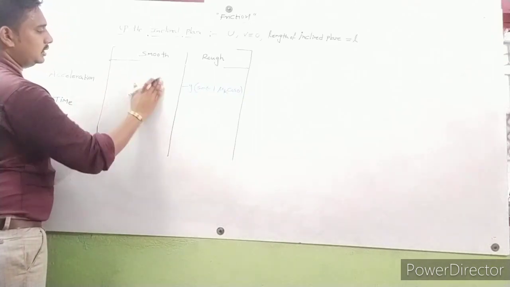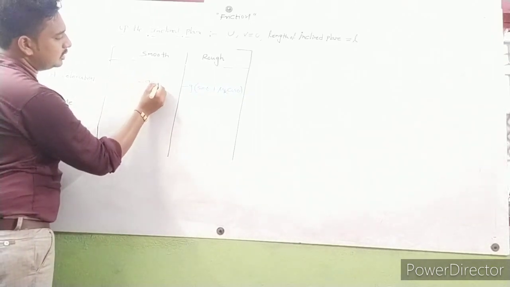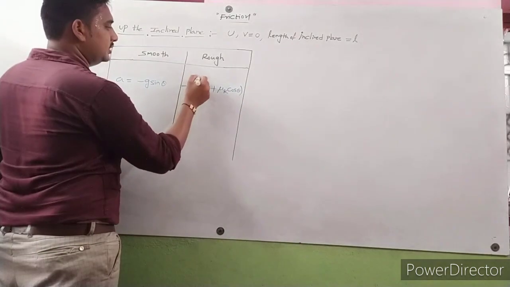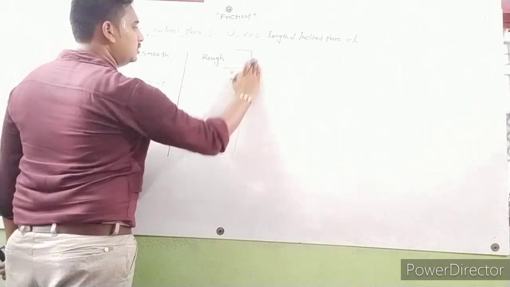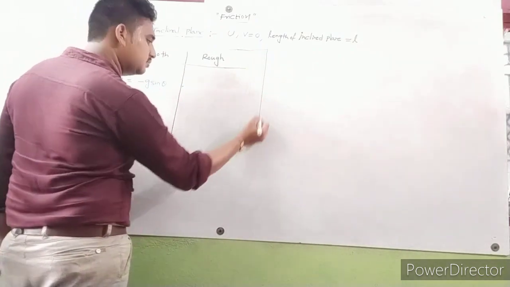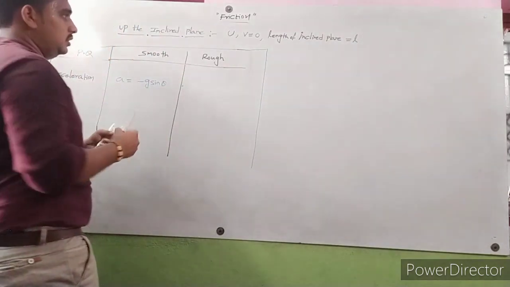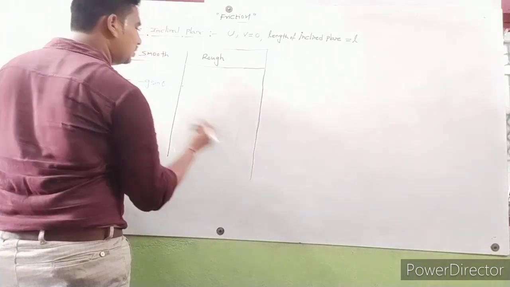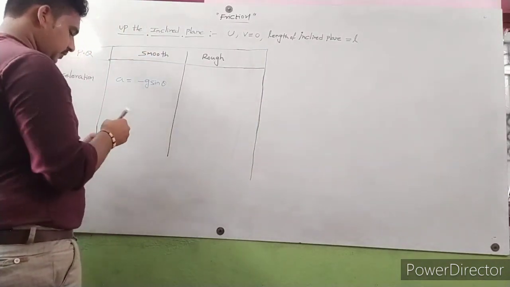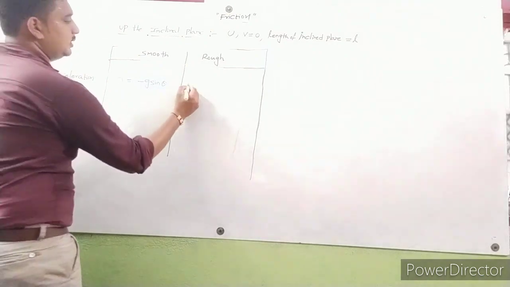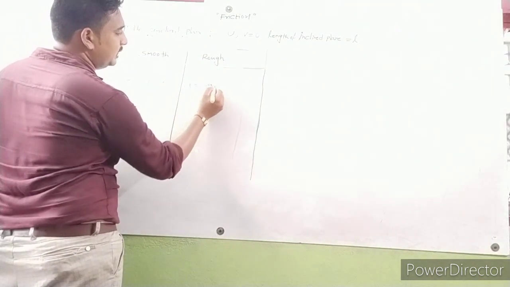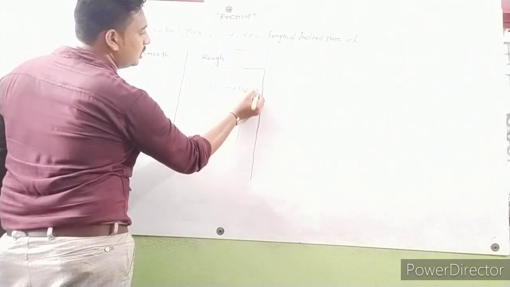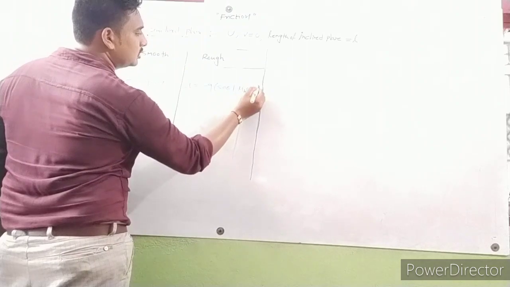For the rough inclined plane, if you take some more brackets, a is equal to minus g into (sin theta plus mu k cos theta).